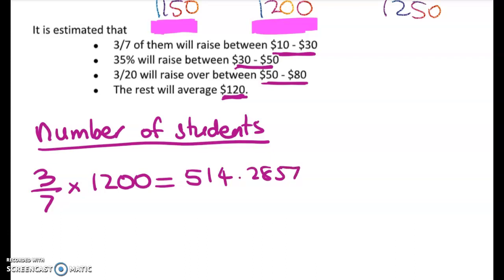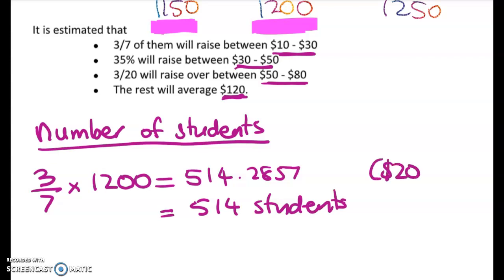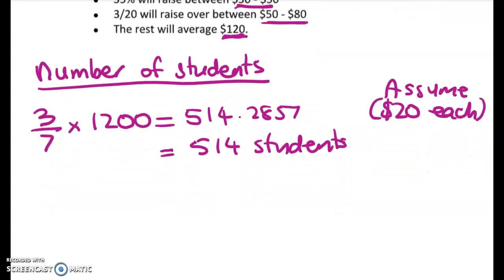That doesn't make any sense. So I'm going to round that to 514 students. And I'm going to assume $20 each. But I'll come back and do those calculations next.